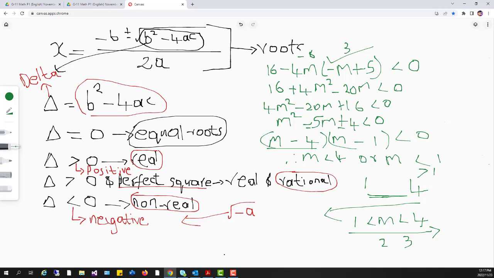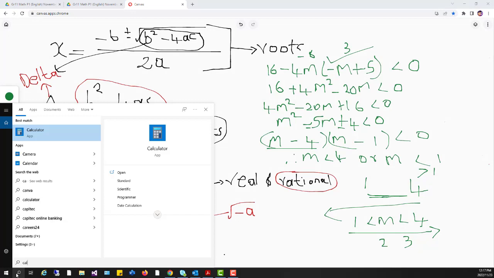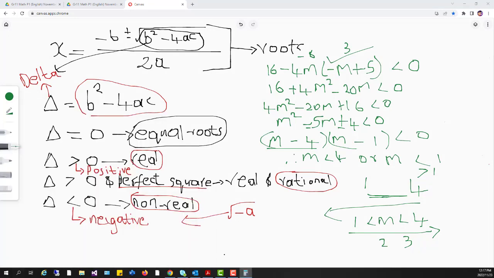So 8 times 3 is then minus 24. Then that means we're going to have 16 minus 24. That's a negative. And then you can also substitute a 3. You will definitely get a minus, and all other values are going to make it non-real. So that means it's for when m is equal to 2 and 3, which is values between 1 and 4.